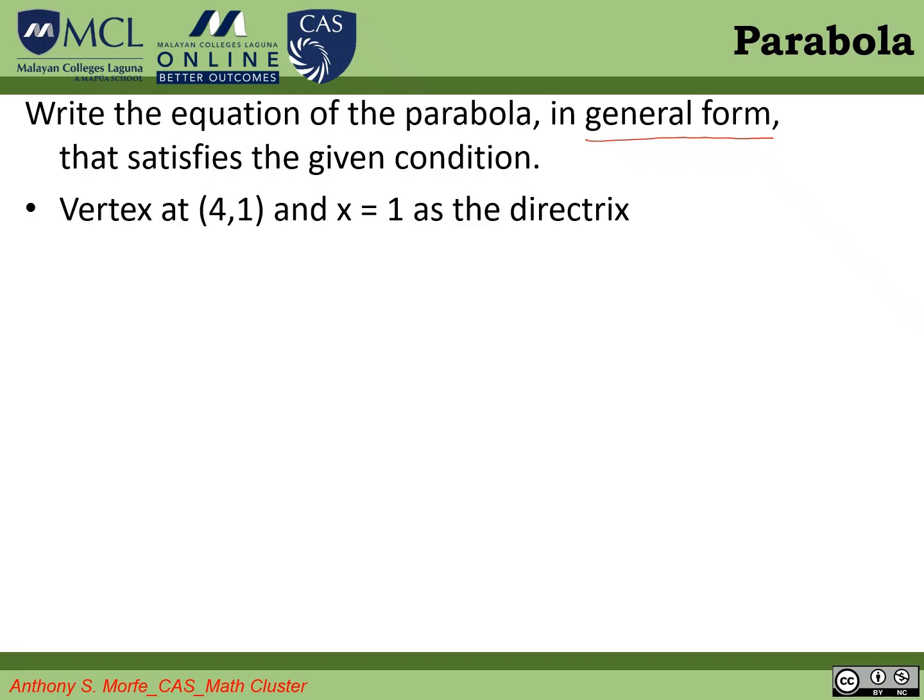The conditions here: we have vertex at coordinates (4, 1), and x equal to 1 is the directrix. So what is x equal to 1, class? If this is our x and this is our y-axis, this is 1, 2, 3, 1, 2, 3. So x equal to 1, this is our x equal to 1, class. So this is the directrix.